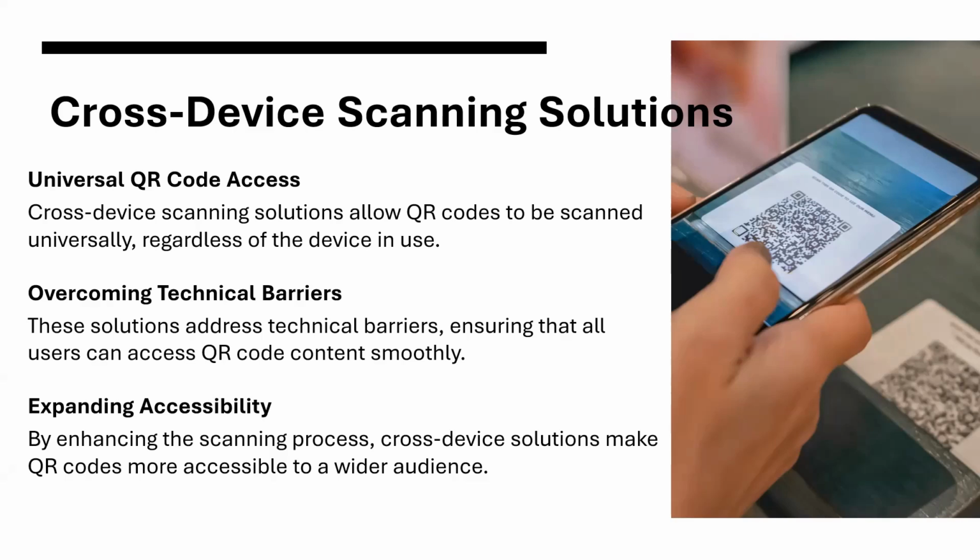It could be a tablet, it could be a desktop screen, and using your phone. Overcoming some of these barriers, these solutions address technical barriers, ensuring that all users can access QR code content smoothly. And by enhancing the scanning process, cross-device solutions make QR codes more accessible to a wider audience.